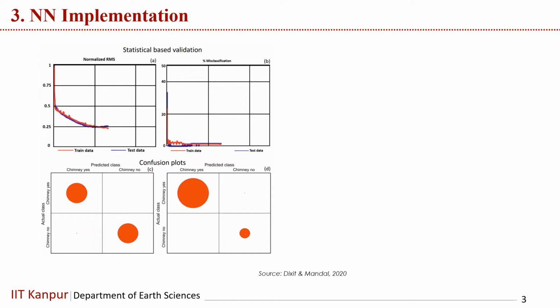Here you can see that we're getting a pretty low RMS error, which is around 0.25, and a very small number of misclassifications. The same thing is also visible through confusion plots. And here is the final list of all the attributes with their corresponding weights that the NN has used.